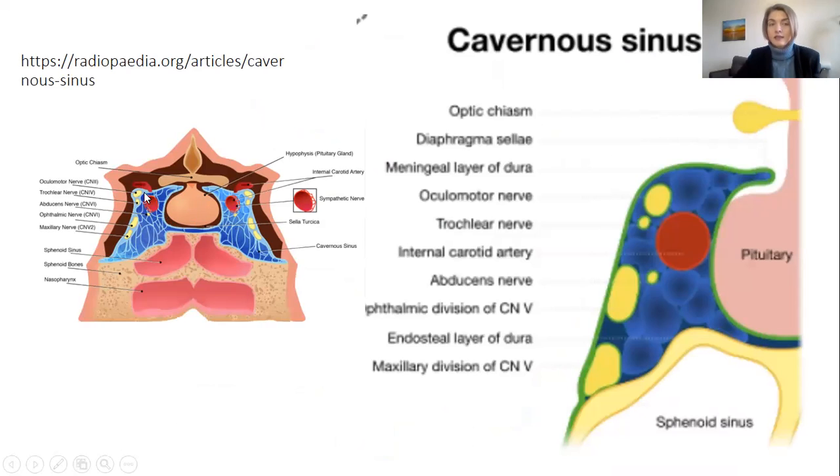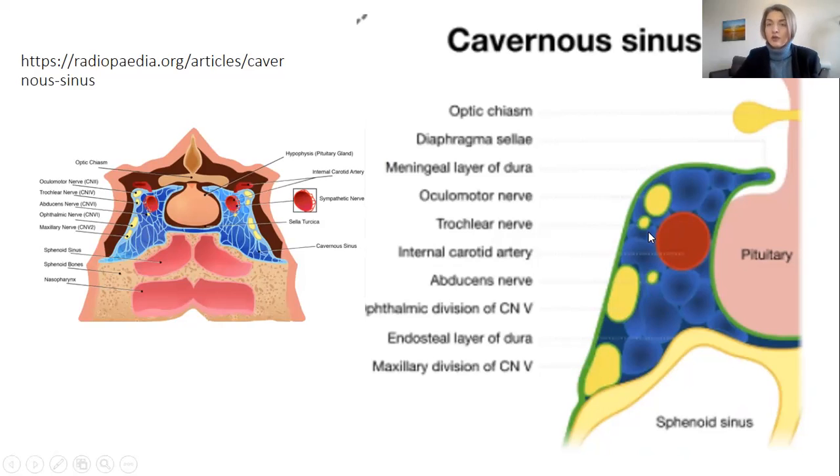The cavernous sinus is drained by superior and inferior petrosal sinuses, and superior and inferior petrosal sinuses return blood to the transverse sinuses.